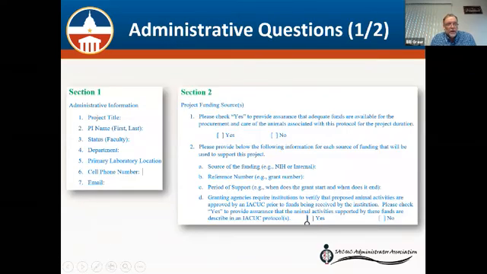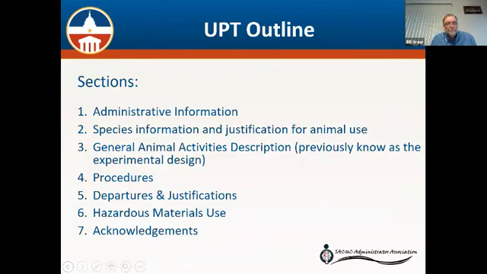So very quickly, we broke the template down into various sections: administrative information, species information, justification for animal use, some general animal activities. And this is something that we previously think of as the experimental design. Ron's going to get into this. And then some details and specifics about procedures.